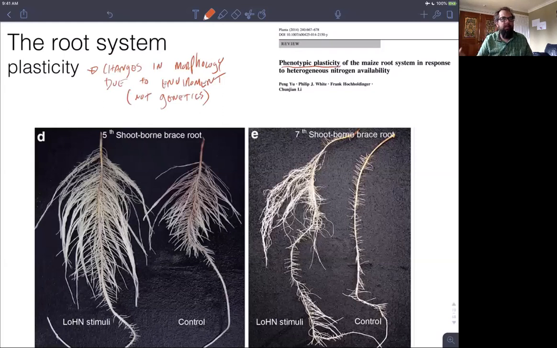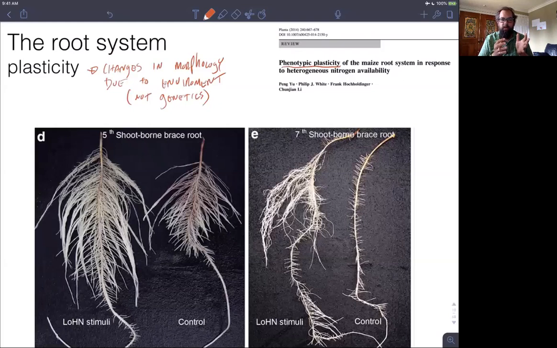Here's an example just from corn in root system plasticity. The idea is that plants are trying, with their root system, to find those diffuse resources. In general, roots will grow into areas of the soil where resources are abundant, and roots won't grow any further than they need to, and they will either not grow or die back where those resources are not available.